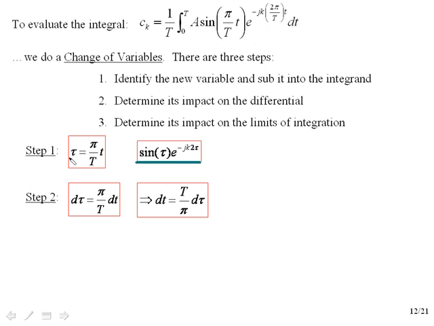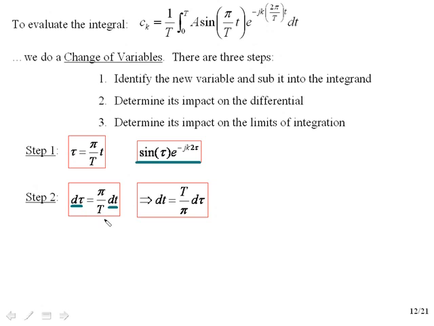So if we took d tau dt, this is a simple linear function, so d tau dt is just equal to pi over capital T. Then we swing the dt over to the other side, and we get that d tau is equal to pi over capital T dt.